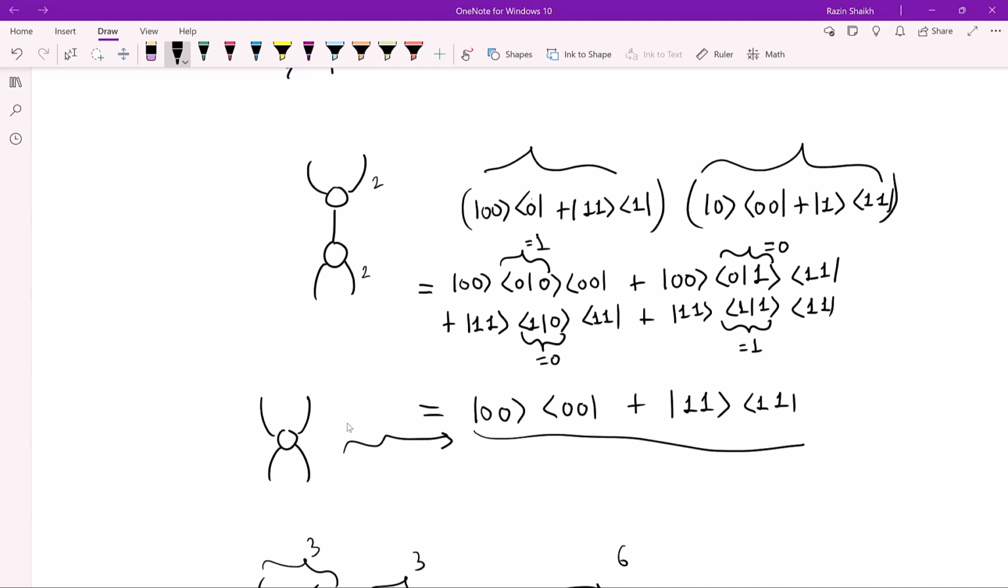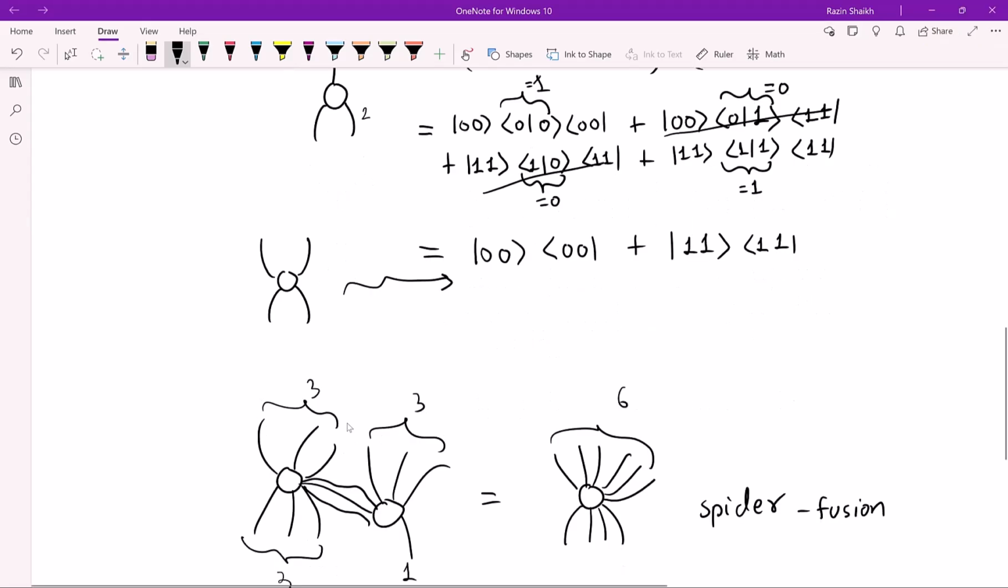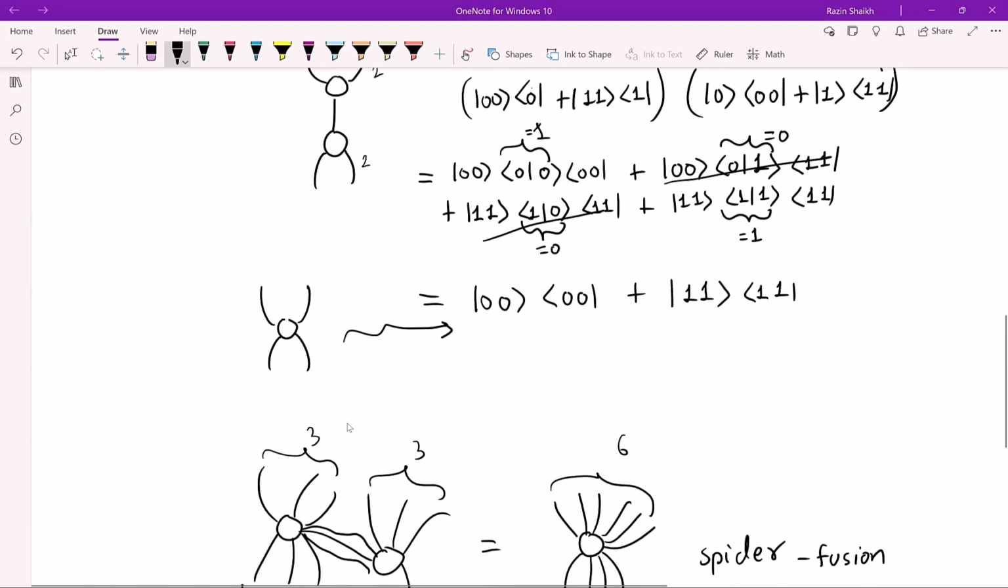Just by some simple calculation, we can show that this term is zero, so it goes away. This term is zero, so it goes away. So we're only left with these two terms. And the scalar here, the inner product in between, is just the same as 1 and 1, so we don't need to write it. That's how we got 0, 0, and 1, 1 here. Okay, yeah, I got the calculation. Yes, thank you.